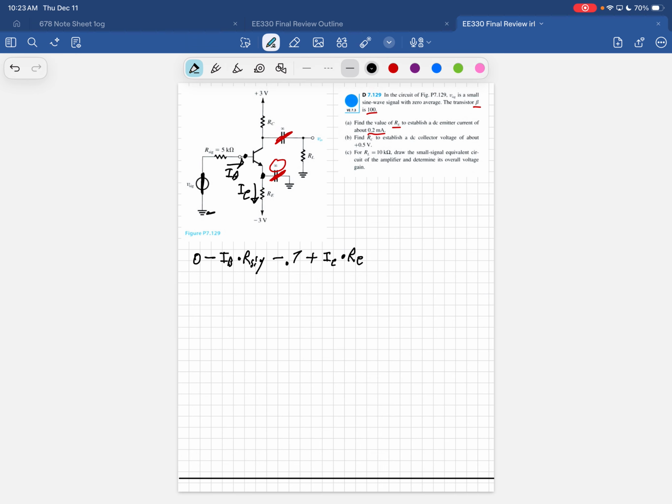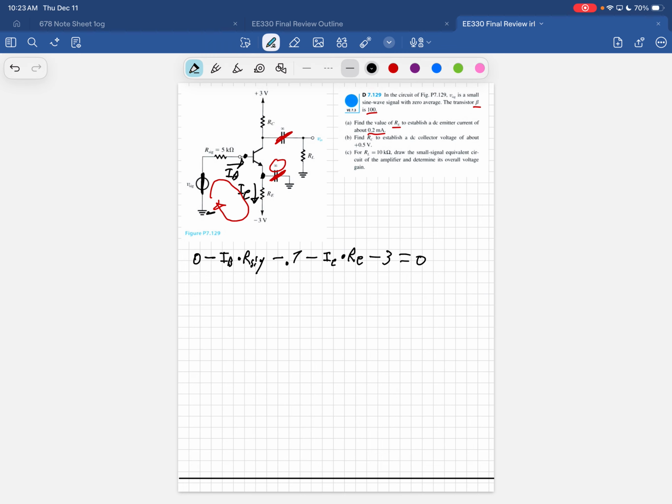Yeah, you got a good point. Okay, there we go. And then you're going to subtract your 3 volts, and that equals 0 volts. Where's our loop again? Your loop is just here. Got it. Yep, and then all of that equals 0 volts because you're doing a loop.